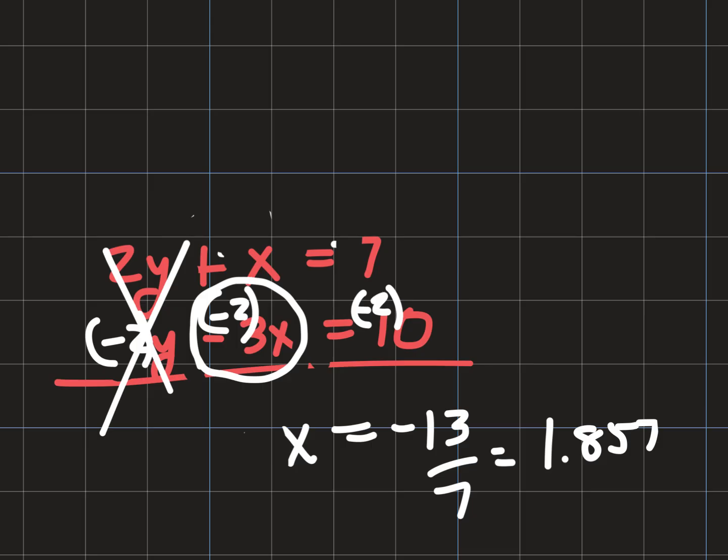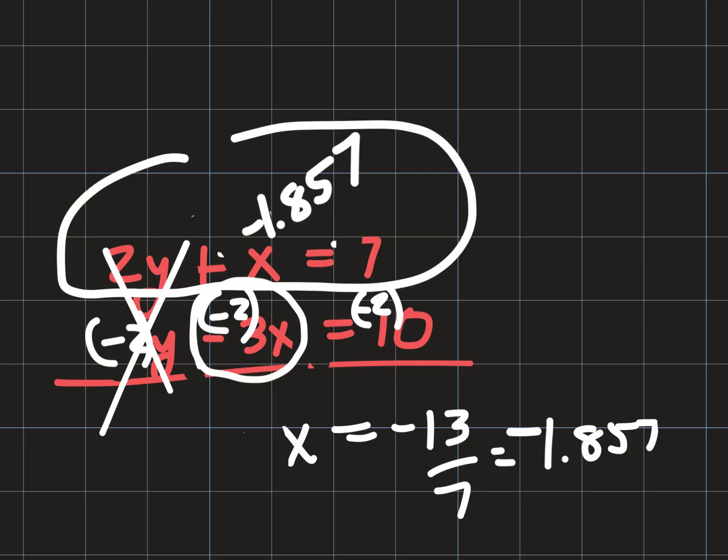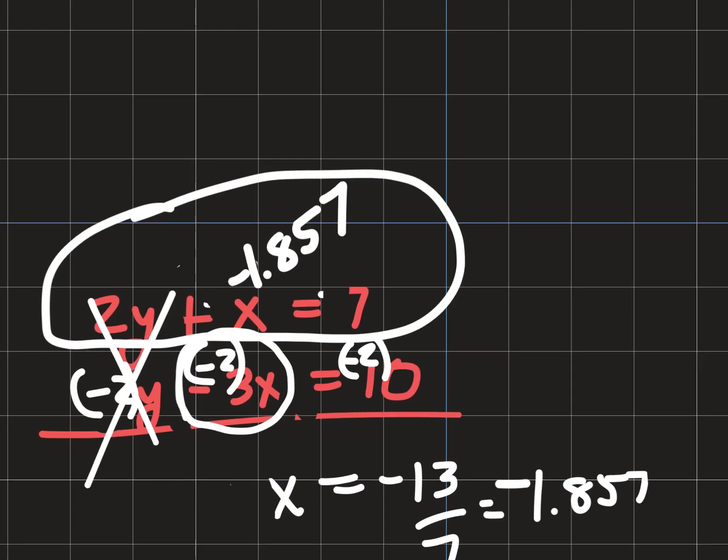If x is negative 1.857, then here's my equation right there. And so I would start by adding 1.857 to both sides. What is 7? Oh, I can do that in my head. I'm adding 1.857.